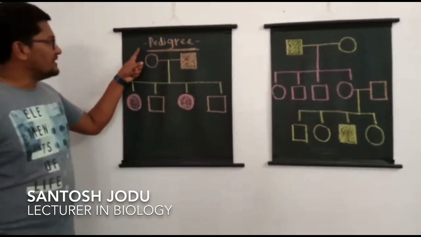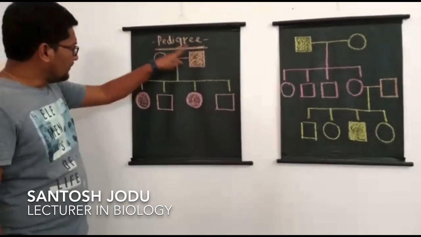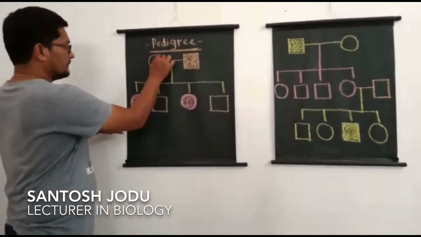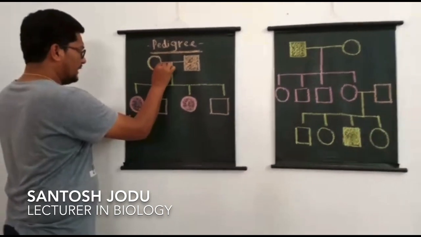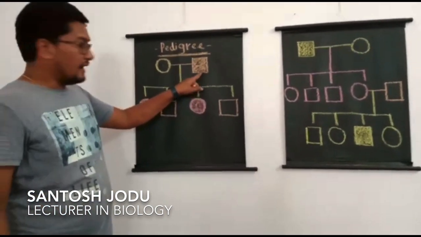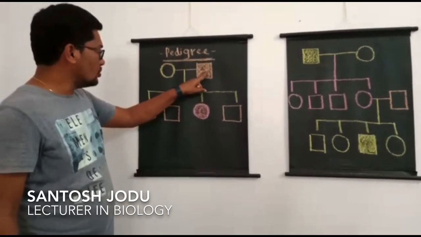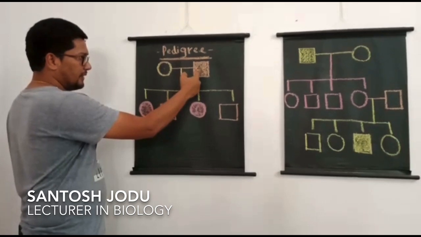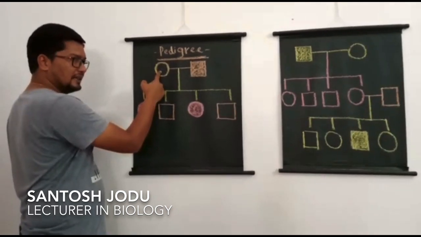Here is a pedigree chart, and when we look into this pedigree chart, it is very clear. A normal healthy female married an affected male. So in the parental generation, this is an affected male and a normal healthy female.